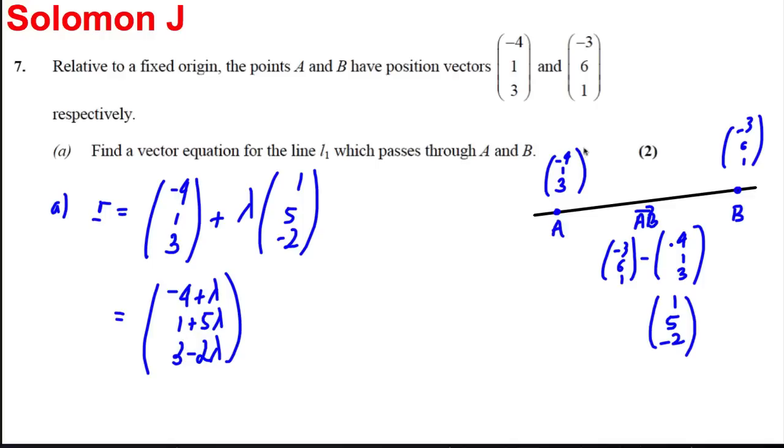Okay, so I'm going to write the vector equation of this line up here in a green pen. The vector equation of the line is therefore (-4 + lambda, 1 + 5 lambda, 3 - 2 lambda). I might even take that with me onto the next page because I may need that.